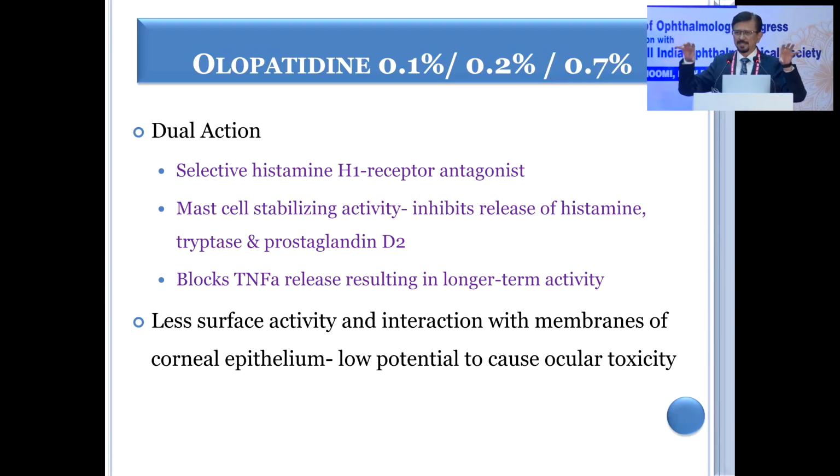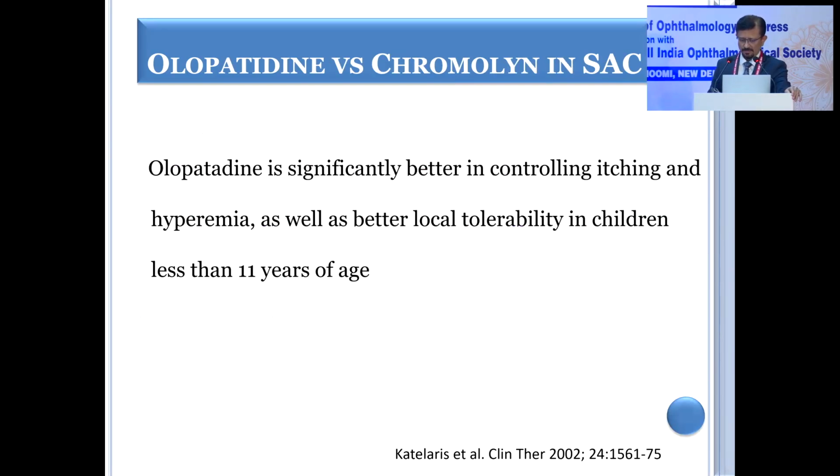That is why these days you all will agree that olopatadine is the most commonly used drug for allergic eye disease, because it not only stabilizes mast cells, it also takes care of the released histamines, and it is available in various concentrations. Initially it started with 0.1%, given twice a day, then 0.2%, then 0.7% has come up, which is given once a day, and that is quite effective.